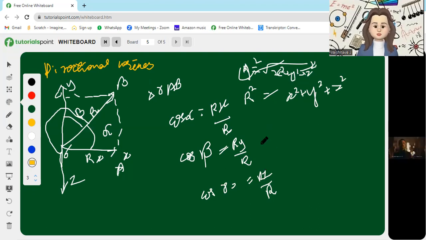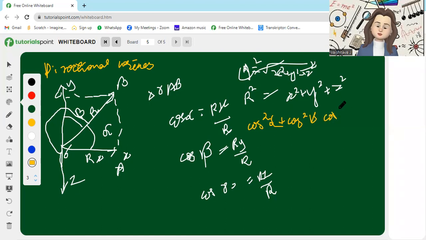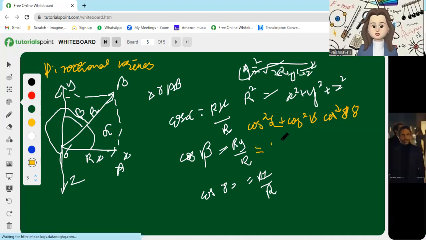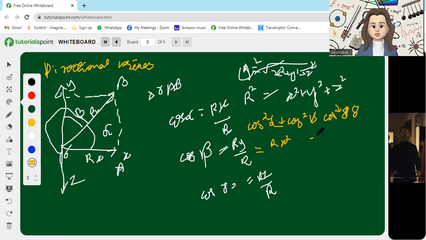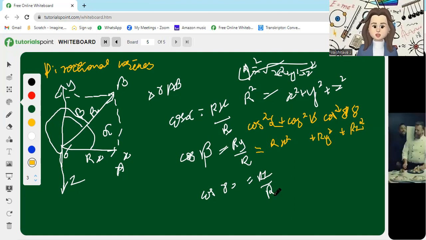We'll square these values, which is nothing but cos square alpha plus cos square beta plus cos square gamma is equal to Rx square plus Ry square plus Rz square, but you'll have R square here.